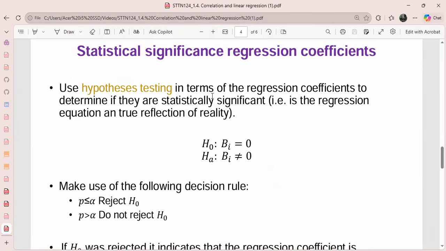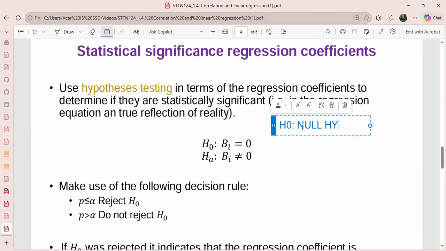In hypothesis testing, we have what we call H0, which represents the null hypothesis. We also have HA. Students from other universities use H1.